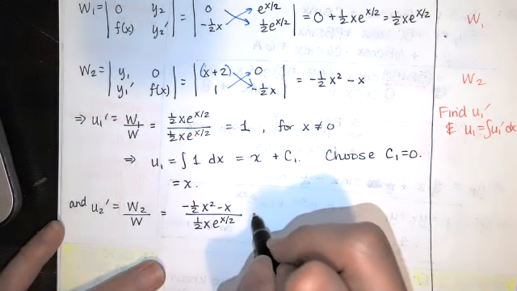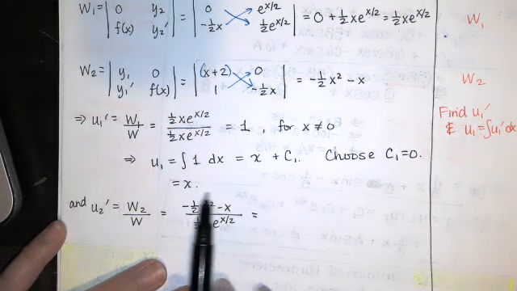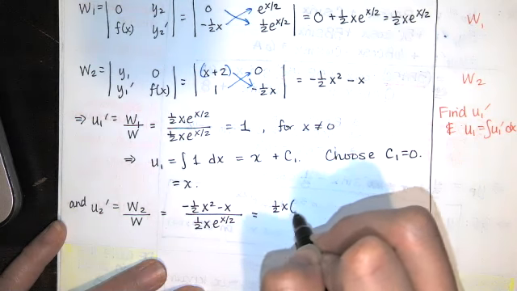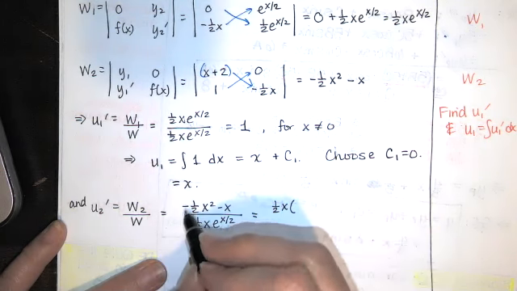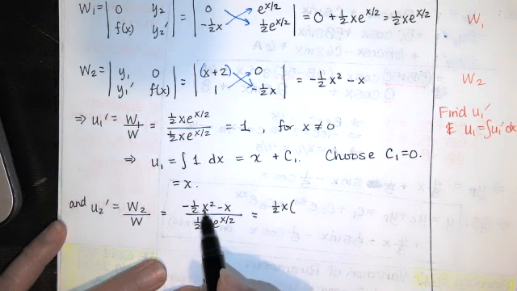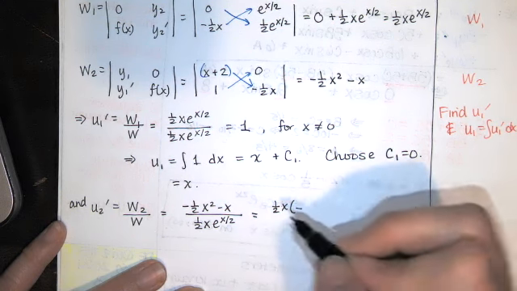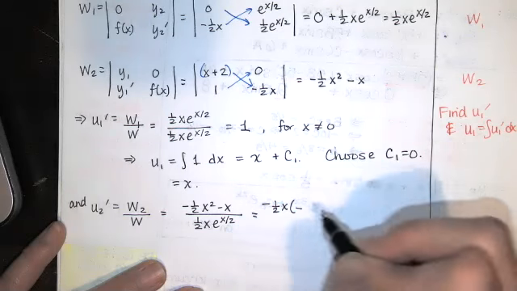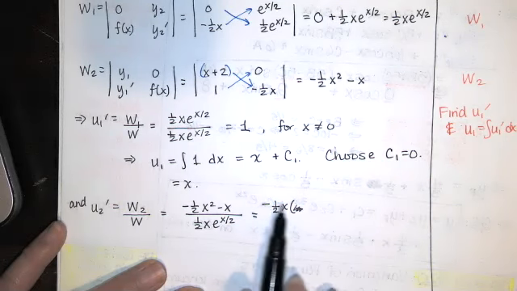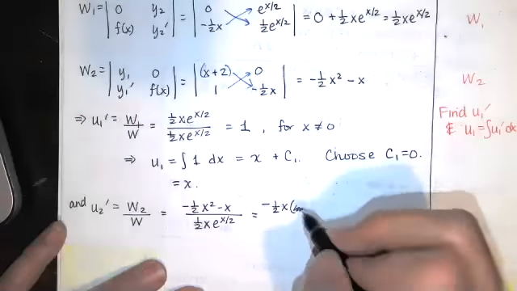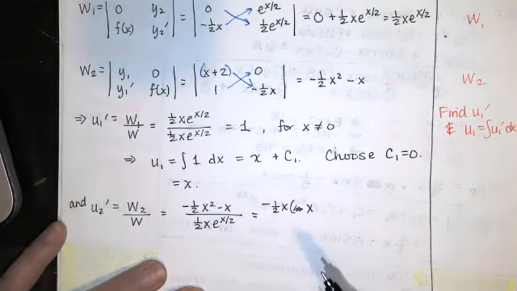What I would recommend is factoring out a 1/2 x from up here. So I say 1/2 x times what will give me this negative 1/2 x squared. Well, I left the negative inside. Well, maybe I shouldn't have. Let's factor out the negative as well. Factor out the negative 1/2 x. Well, negative 1/2 x times 1 more x would give you negative 1/2 x squared.